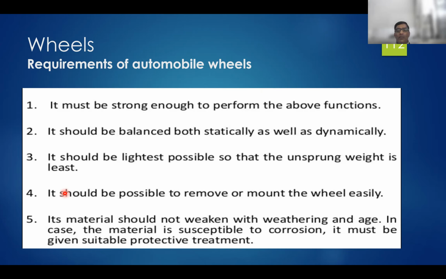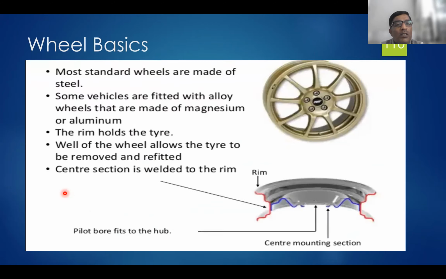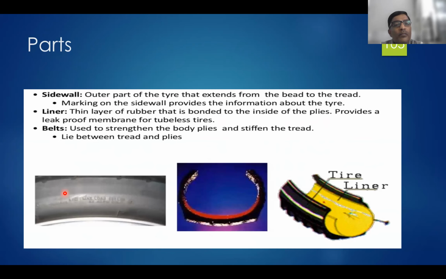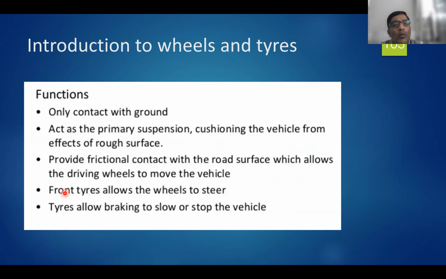That means if such a material is used to manufacture the wheel, that is the rim or the disc, then it should have some protective treatment in the form of coating in order to avoid corrosion. So this is a brief introduction regarding wheels and tires.